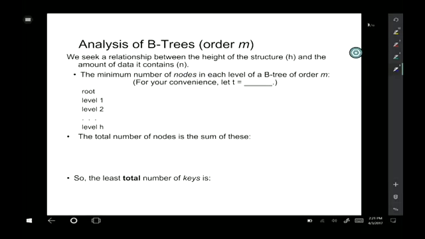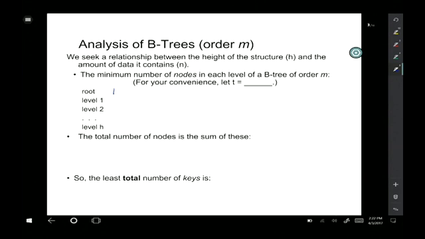And keep in mind that we're doing a lower bound. So we want to know the least number of nodes possible, because that would be the highest height, the tallest tree. All right, what's the smallest number of nodes for the root? It's kind of a silly question. Okay, now the question is not so silly anymore.